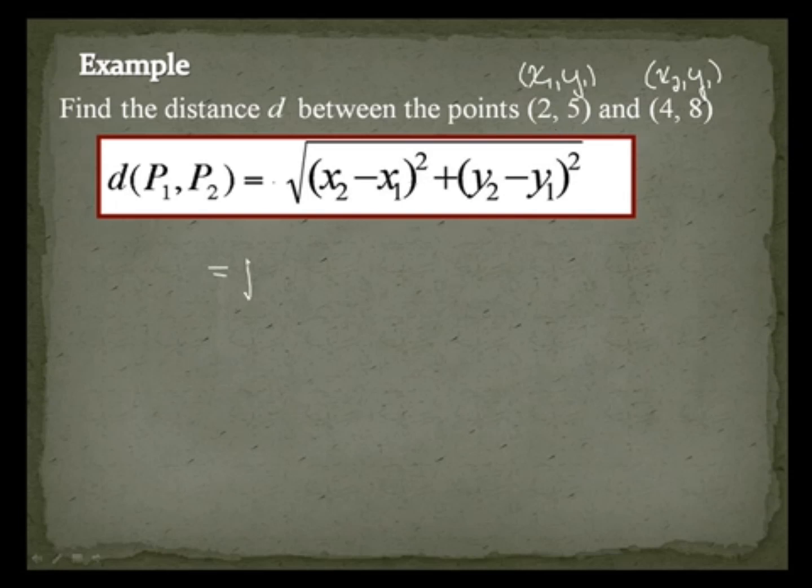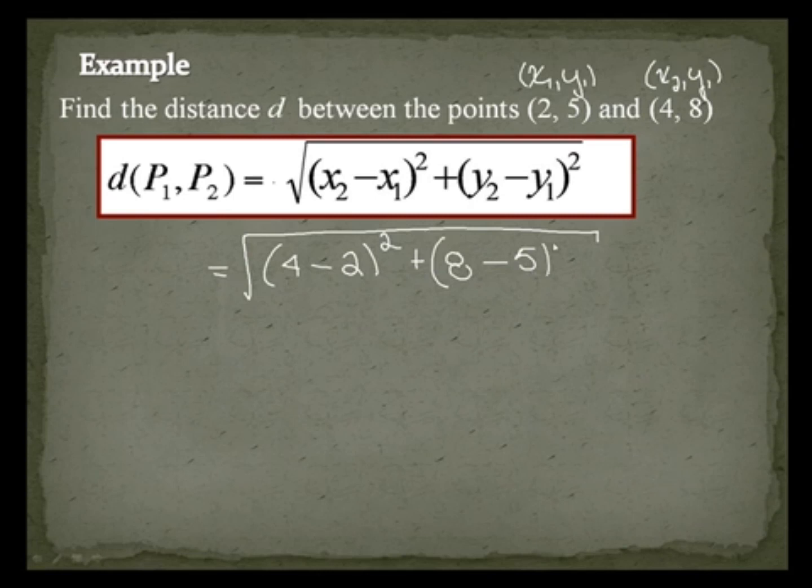So let's just fill in what we know. x2 is 4 minus x1, which is 2, squared, plus y2, which is 8, minus y1, which is 5, squared.